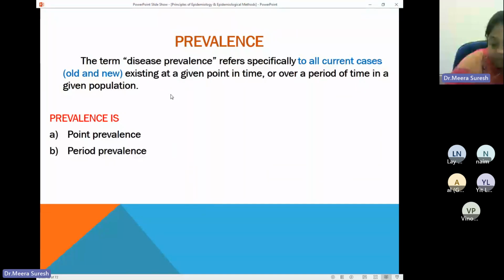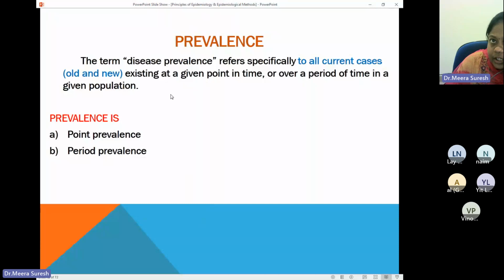So if we go back to the previous example I was mentioning under incidence, if you are asked what is the incidence of tuberculosis in 2022 in Malaysia, then you are going to say the number of new people who were infected with tuberculosis in that particular year, 2022. You are not going to include the people who were diagnosed with tuberculosis before 2022.